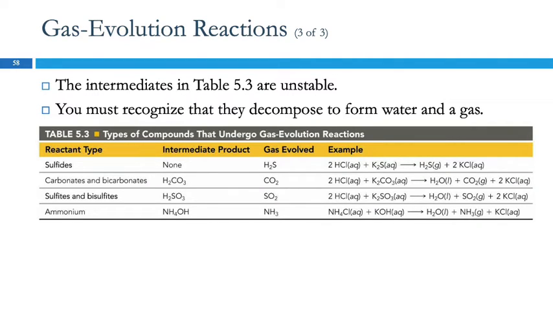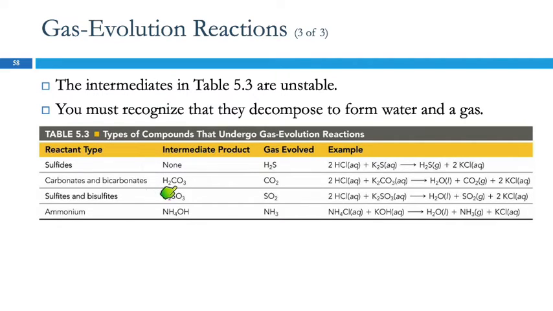So there are 4 products that you should remember in association with gas evolution. If you get H2S as a product after swapping ions, H2S is a gas, just because I told you just now.